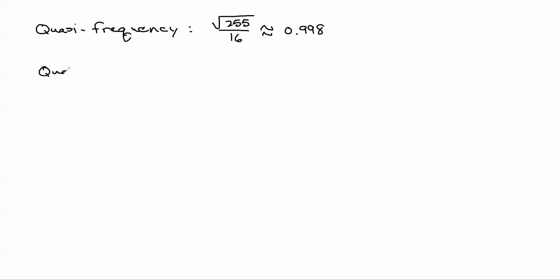And then the quasi period is going to be 2 pi divided by root 255 over 16. And that's going to be approximately 6.295. Okay. So the frequency is the number of waves over a 2 pi period, and the period is the length of those waves.